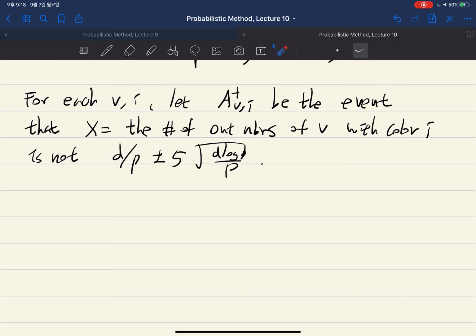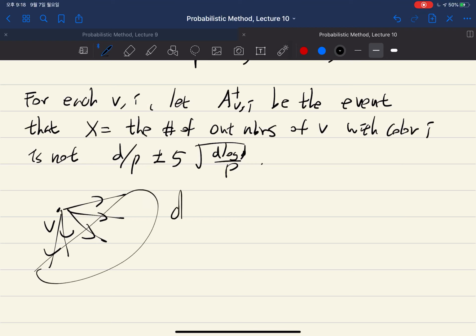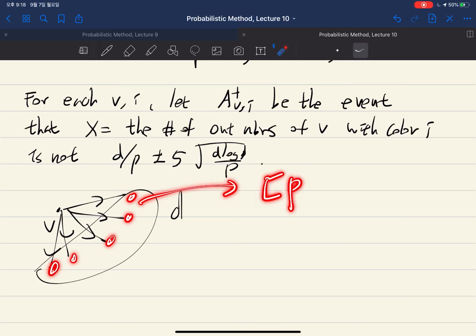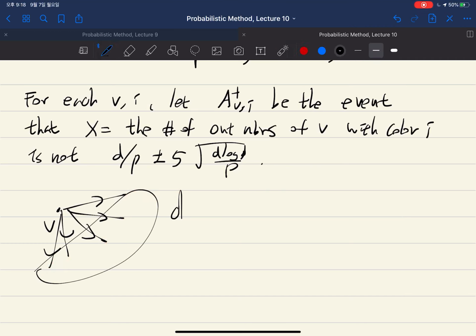As this X is a binomial random variable, what I mean is that we have v and you have the d out neighbors, and each one of them has one of the numbers in p. So this has color i with probability 1 over p.